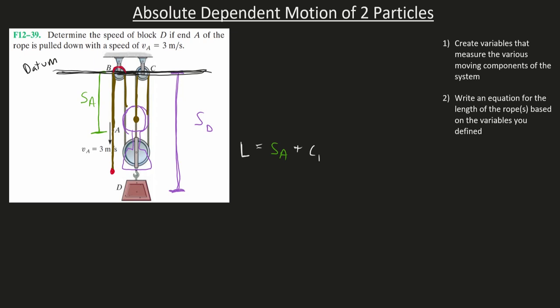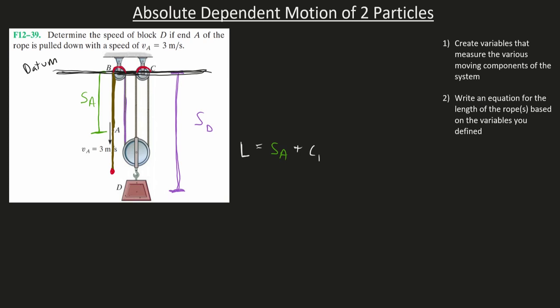Alright, moving on. Now, all the rope pieces I have left are these three right here and these two red constants. These three purple rope lengths here are important.